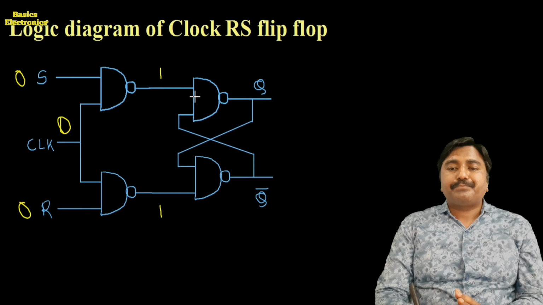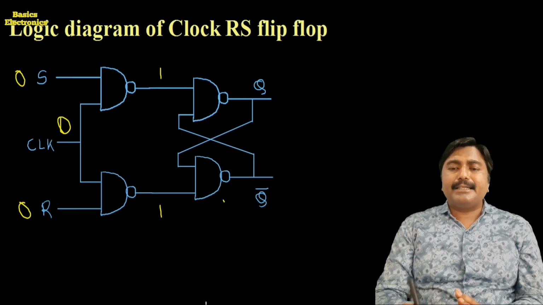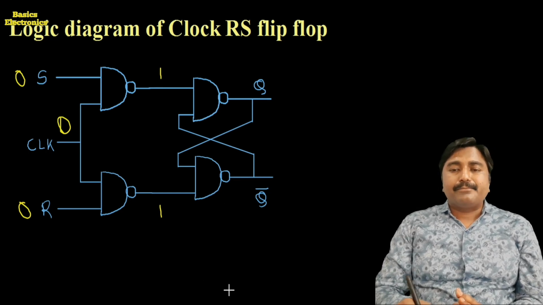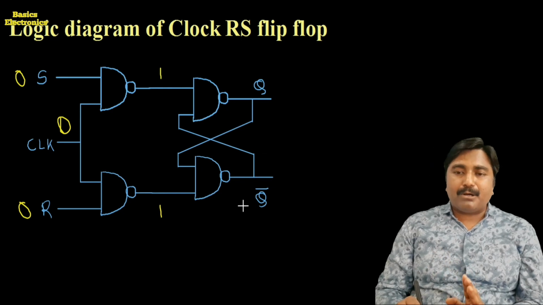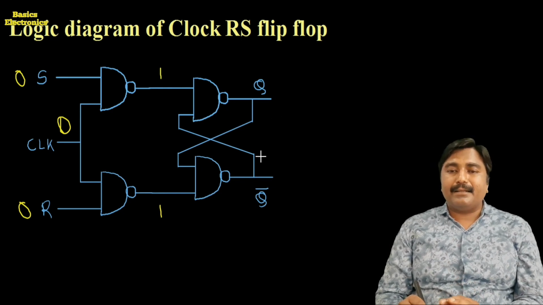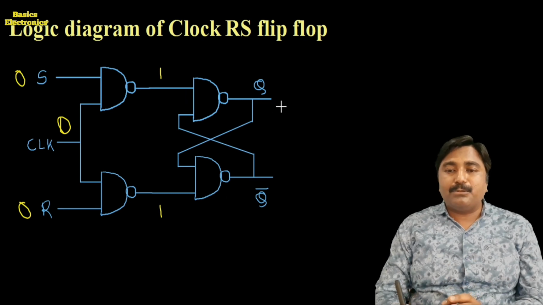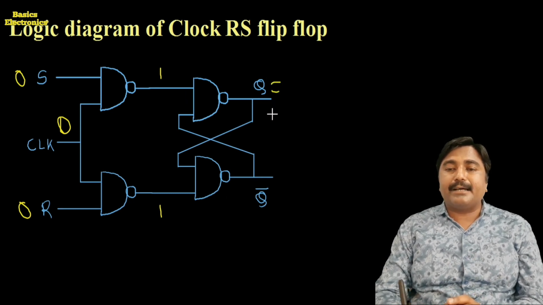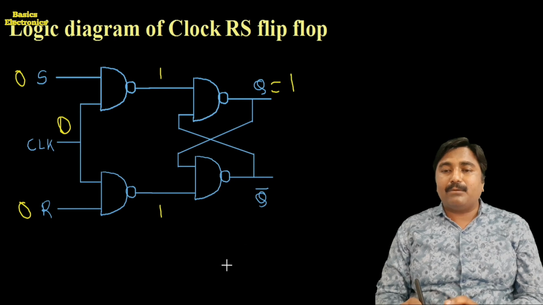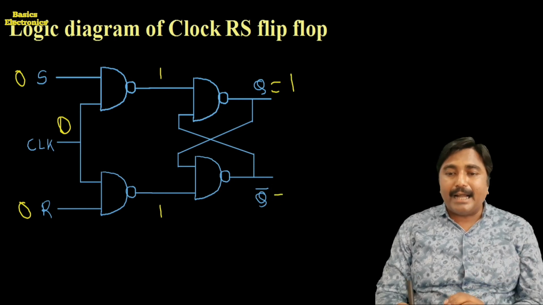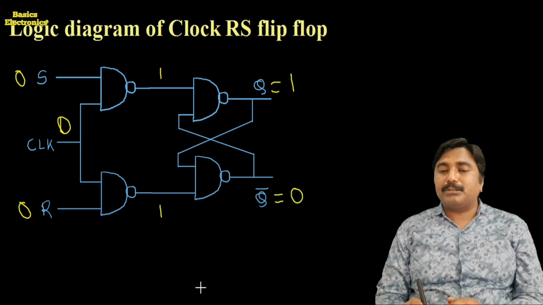Okay, here we consider this flip-flop as the normal NAND gate flip-flop, and that flip-flop gets in the no change condition. How do we get this flip-flop in the no change condition? For that, we consider the Q output is equal to 1, the previous output, and Q bar is equal to 0.